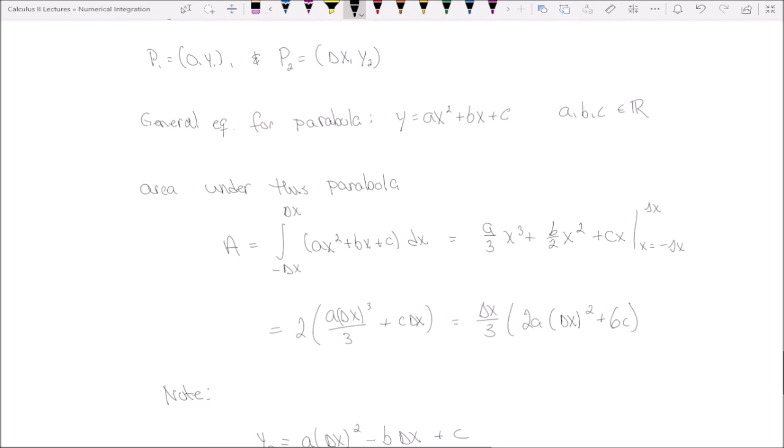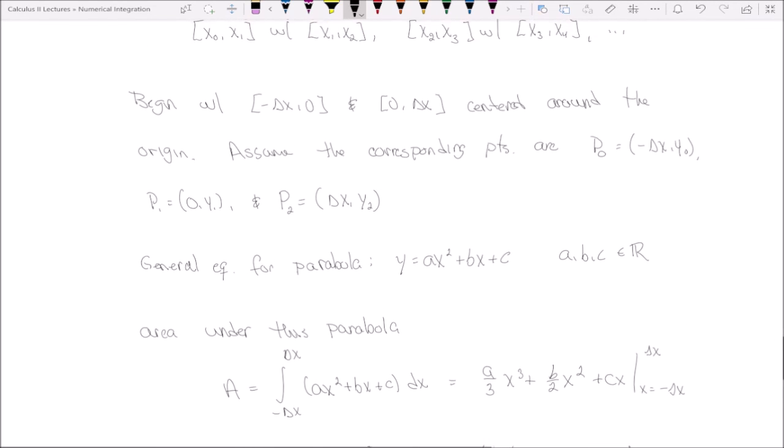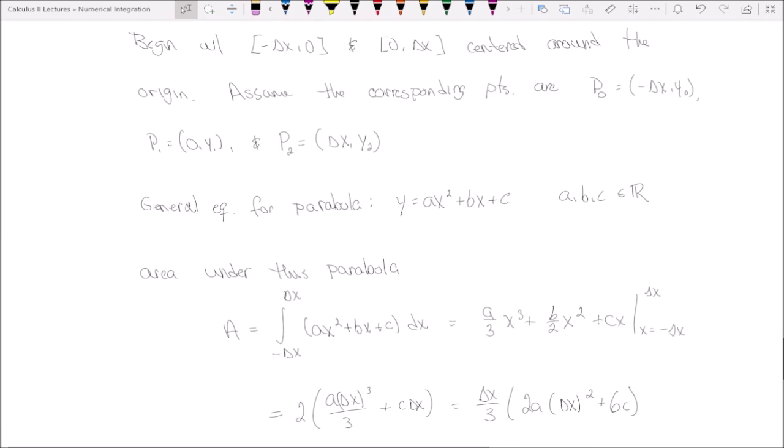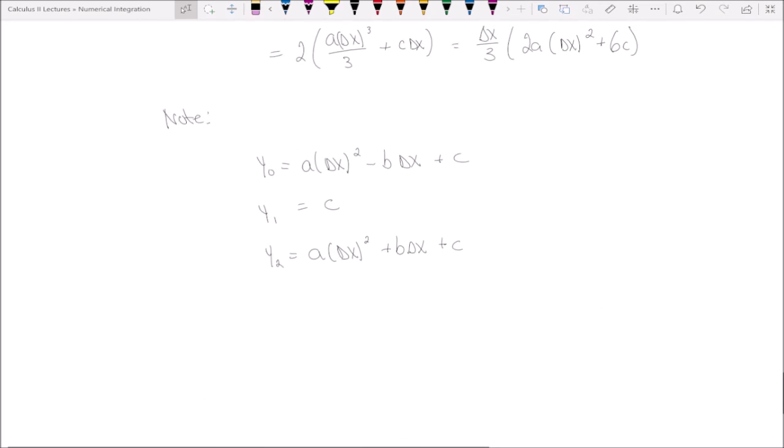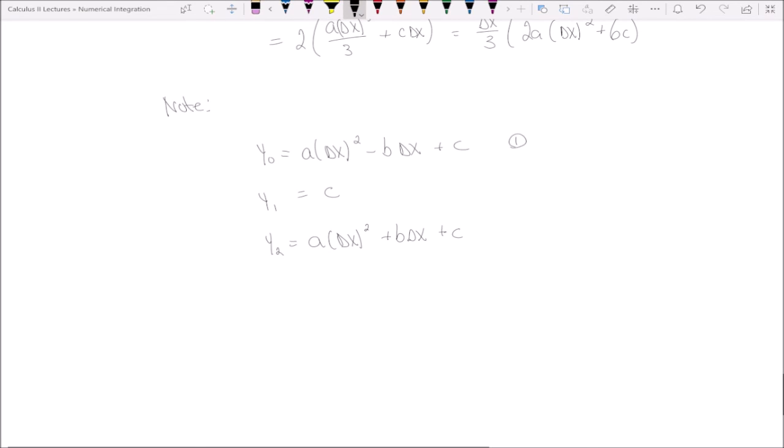This comes from the fact that we have our general equation for a parabola here, and we have the 3 points P0, P1, and P2, which have to fall on that parabola. So these points have to satisfy that equation. Let's label these equations 1, 2, and 3.